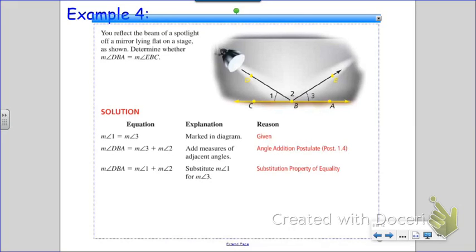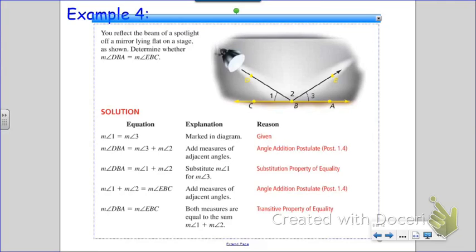So we can substitute in angle 1 for angle 3. So DBA is angle 1 plus angle 2. And so if we add the measures by angle addition, angle 1 plus angle 2 equals EBC. Therefore, the two angles by transitive property are equal. So a little different style of question with angles, but using the same algebra properties for solving.